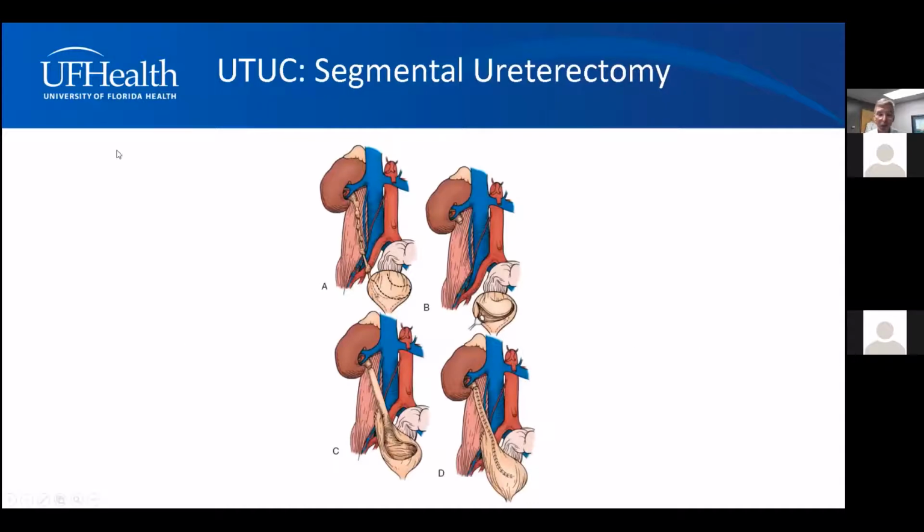So just to explain this, a psoas hitch means putting the bladder up to the psoas muscle, and then taking the top of the bladder and extending that. This is the Boari flap that Dr. Costa does so beautifully. And I don't know how high, Joe, you have ever gone with this. Have you ever gone all the way up to the renal pelvis with one of these?